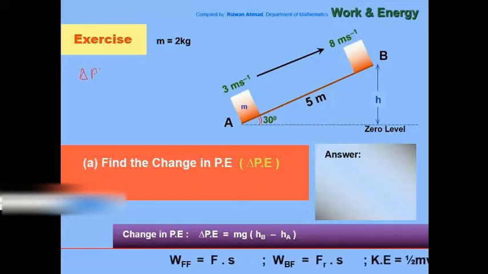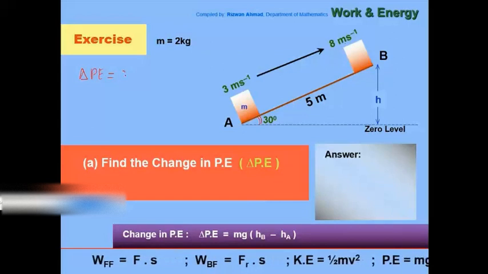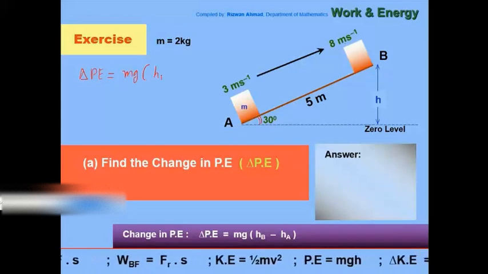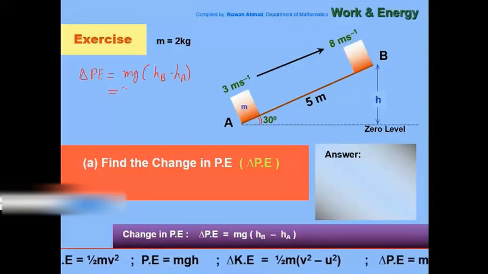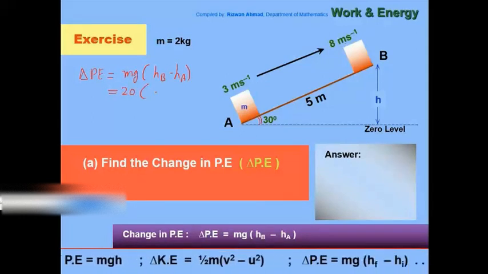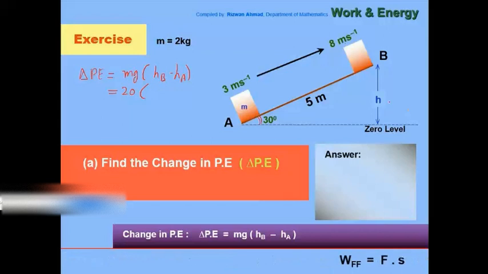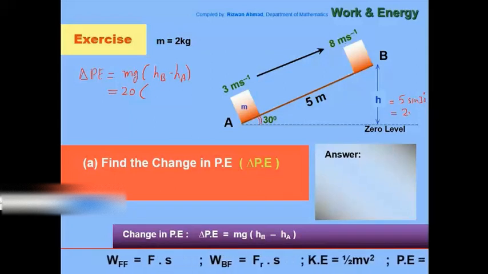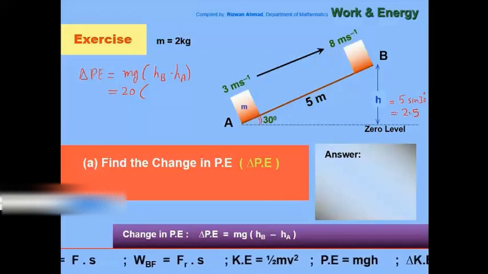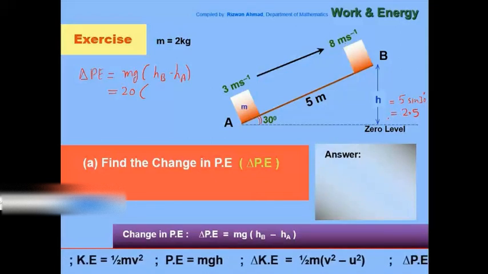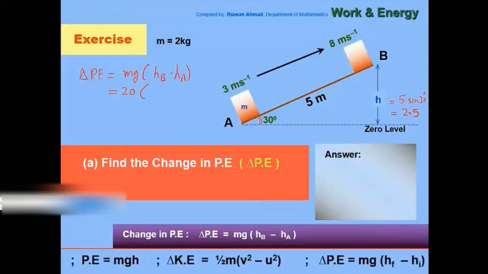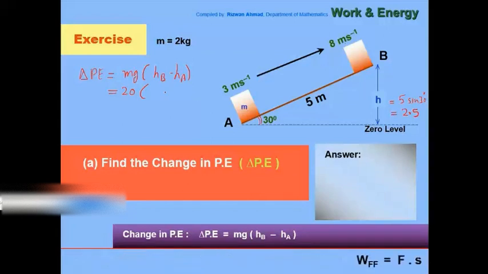So delta PE is equal to mg into h of B minus h of A. So it is 2 times 10, 20, into h. h is 5 sine 30, which is 2.5. Since it is exact, so I found it in decimal. If it is not exact, so either I will write in surd form or I will write in fraction form. I will write in sine notation. And at the end I will use the calculator.